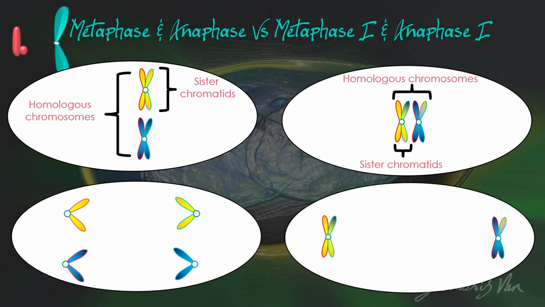And for anaphase and anaphase 1, for mitosis, what is separated are the sister chromatids, while for meiosis, it is the homologous chromosomes that get separated. So this is the difference between metaphase and anaphase of mitosis versus the metaphase 1 and anaphase 1 of meiosis.